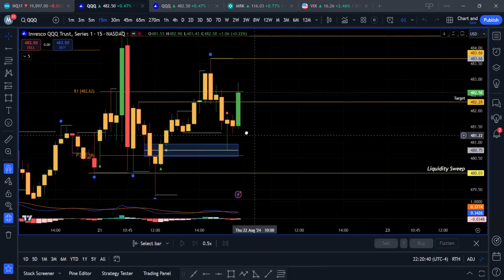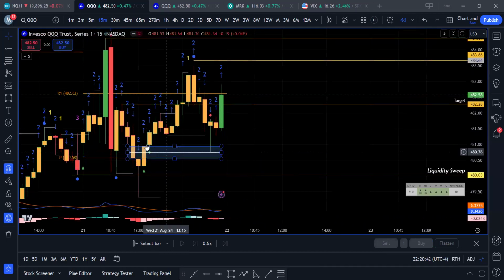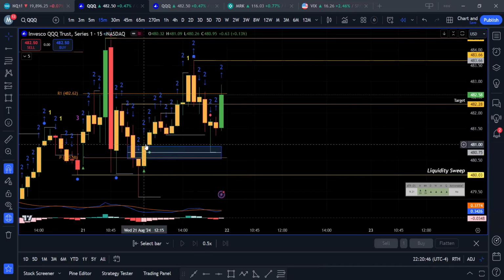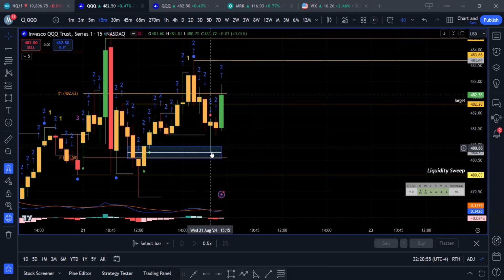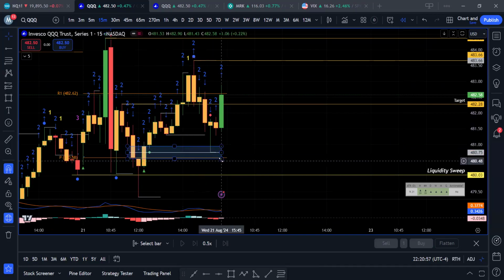Okay. Now, just for showing the example's sake, remember, there are two ways you can play an inversion fair value gap. You can wait for the immediate displacement and take that entry. The risk with that, obviously, is that you can get the immediate reversal and then you're done. Or you can wait for it to come back and retest the fair value gap.